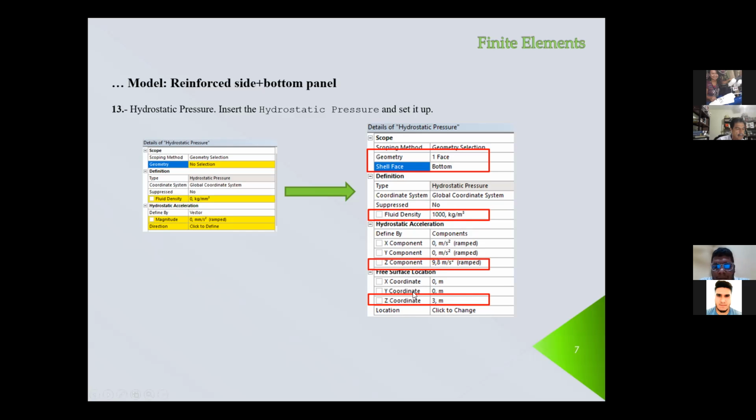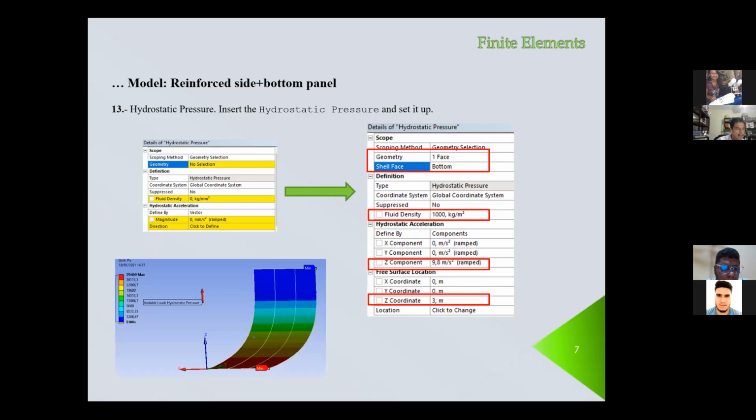In this case, the draft is 3 meters. You see that the maximum pressure is at the bottom, and then it changes from the bottom to the deck.